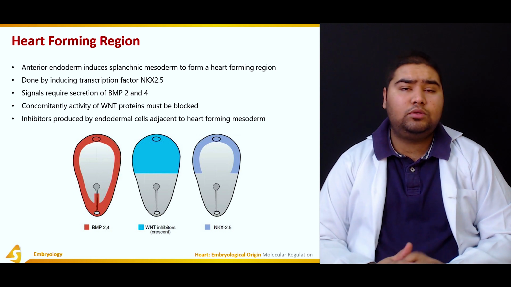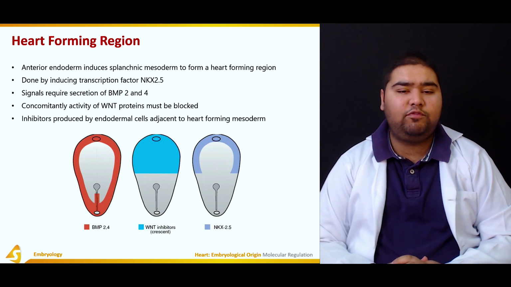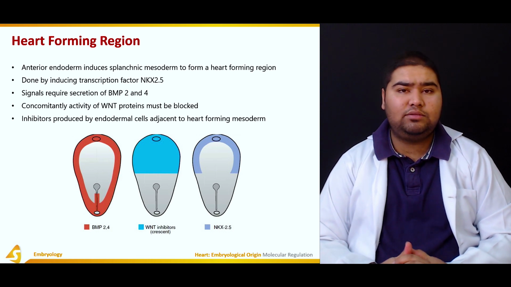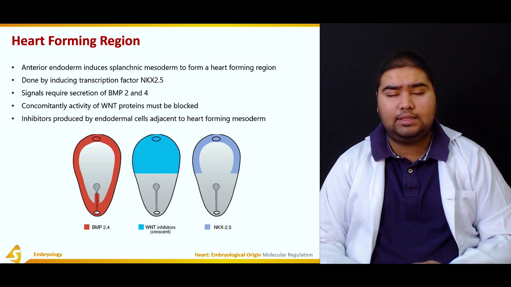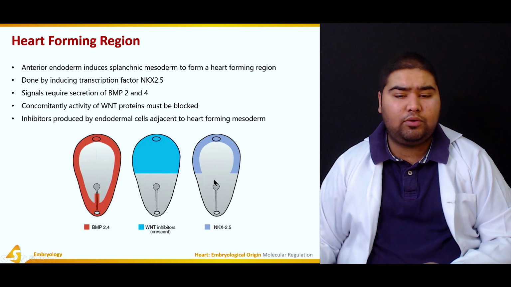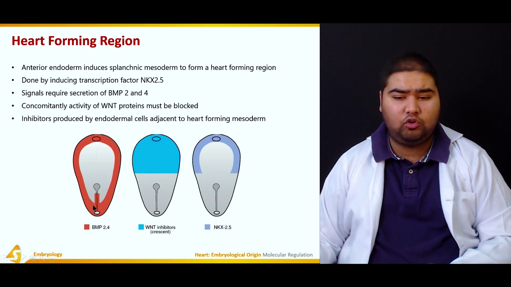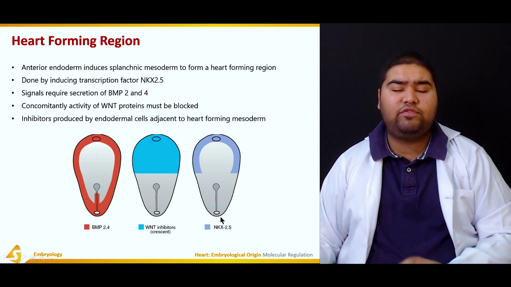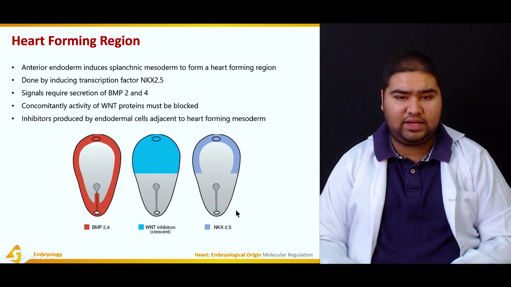So where do these blockers come from? These inhibitors are produced by the endodermal cells which are adjacent to the heart forming region. So these inhibitors are produced which finally inhibit the WNT proteins. When WNT proteins are inhibited under the influence of BMP2 and 4, there's induction of NKX 2.5.